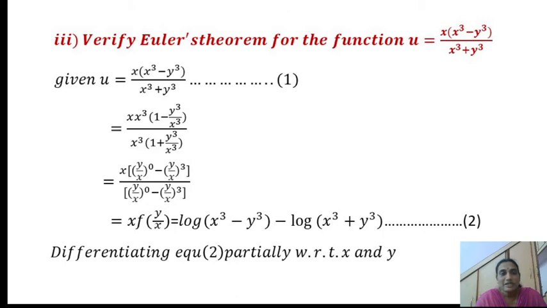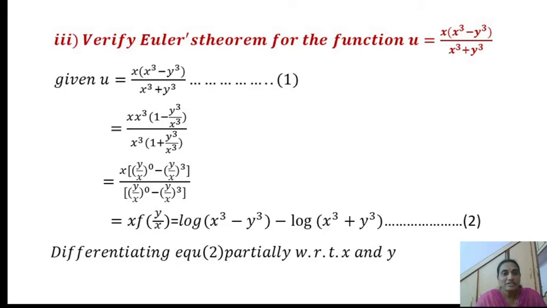Next, we can take x as a common factor in both numerator and denominator. Then it becomes x into x cube into (1 minus y cube divided by x cube), divided by x cube into (1 plus y cube divided by x cube).